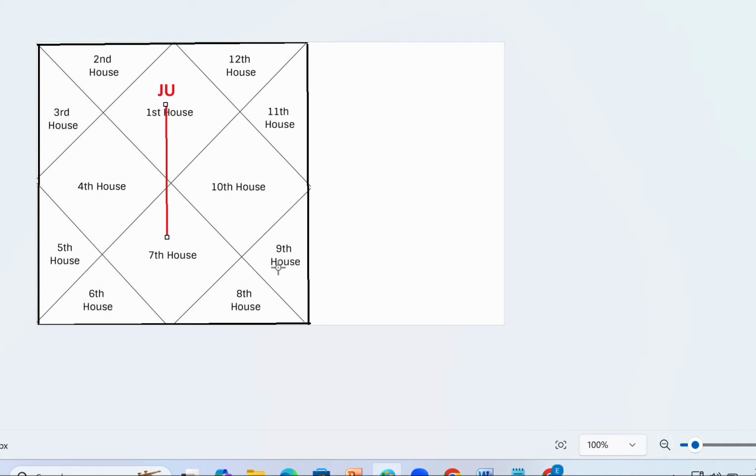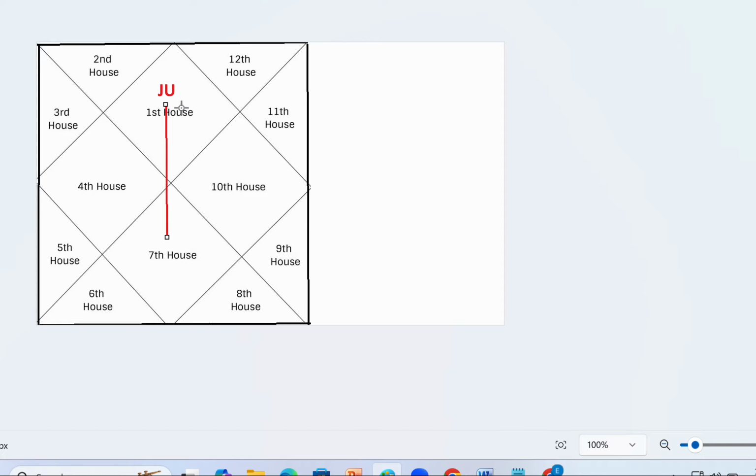Jupiter being the ninth lord and 12th lord, it is looking at the seventh house, the house of your wife. Somewhere or the other, it is bringing luck to the wife. It is also increasing expenses because the 12th house is expenses.